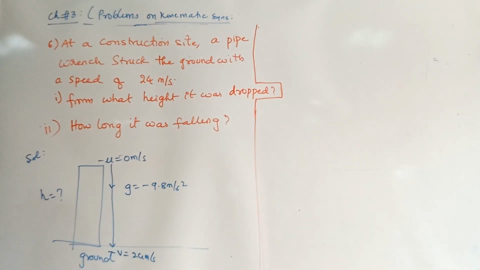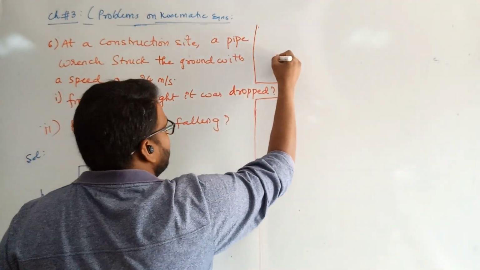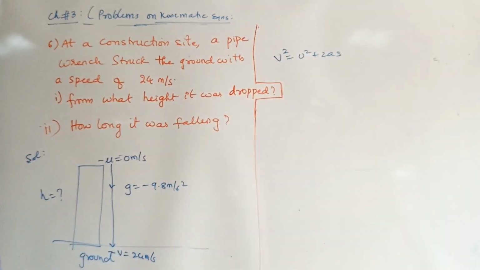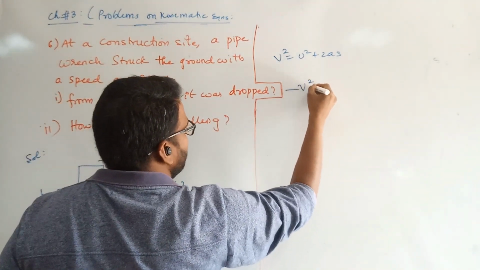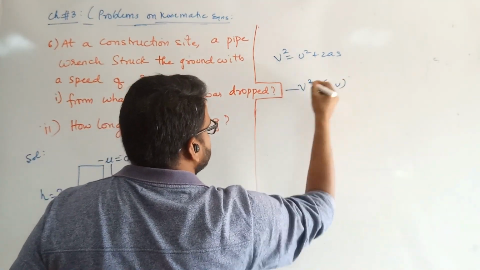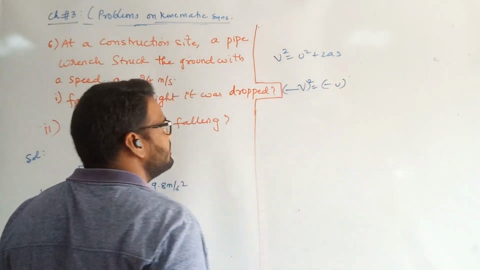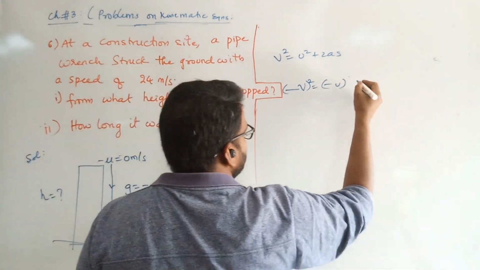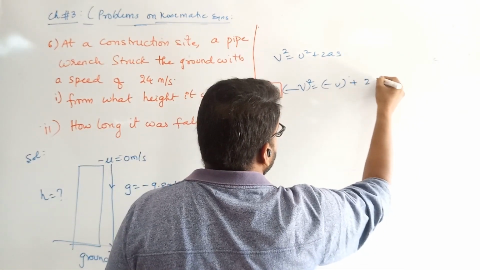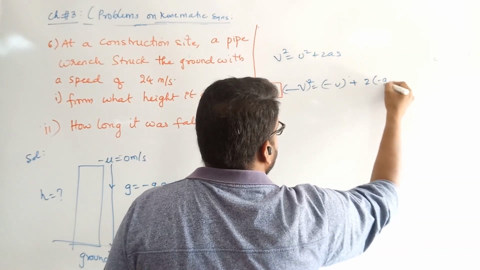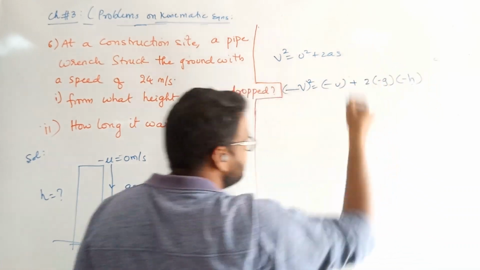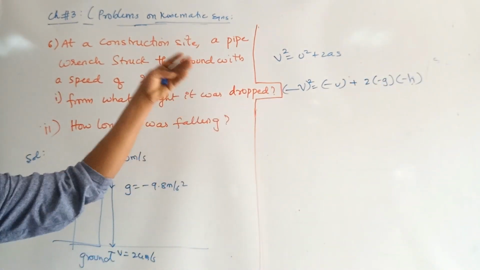So what kinematic equation can be used? The first basic kinematic equation, write the equation first: V square equals U square plus 2AS. We need to modify this. Minus V square equals minus U whole square plus 2 into A, which is minus G, and S, which is minus H, because this is the equation for downward motion.